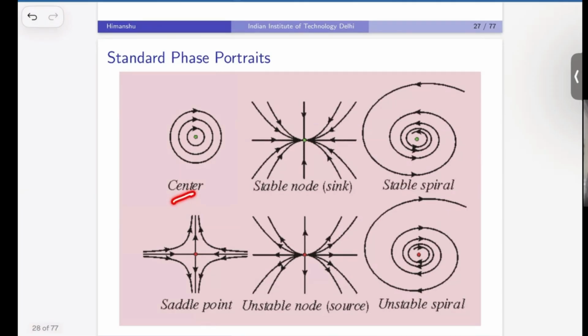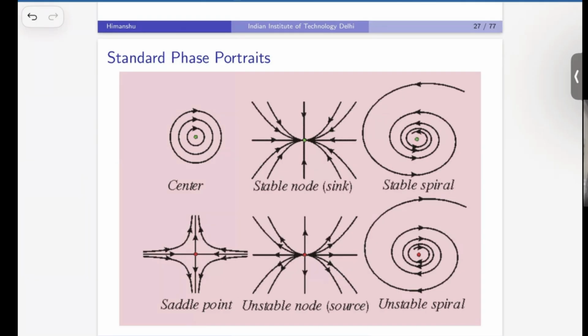One, this is a center. This is a stable node, since you can see that it is converging to (0,0) as t goes to infinity. This is a stable spiral node. Here again, it is converging to my critical point.